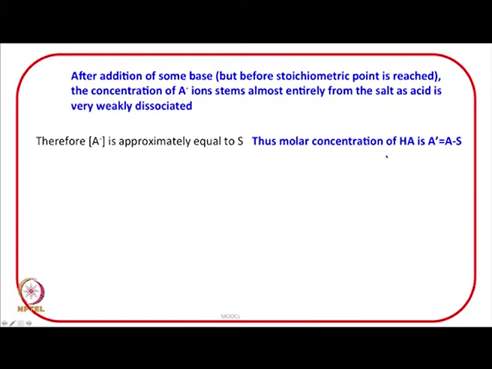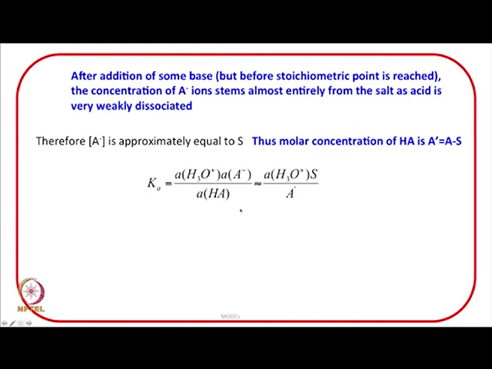And therefore, the new molar concentration of the acid will be A, whatever it was, minus S, where S is the concentration of the salt. Instead of A, I will now use the molar concentration of the acid HA as A prime. You write the acidity constant as usual, and instead of the A minus activity I use S, and instead of HA I write A prime.